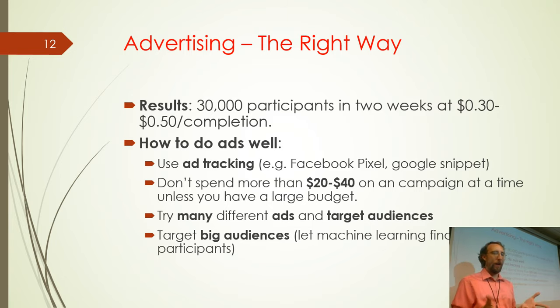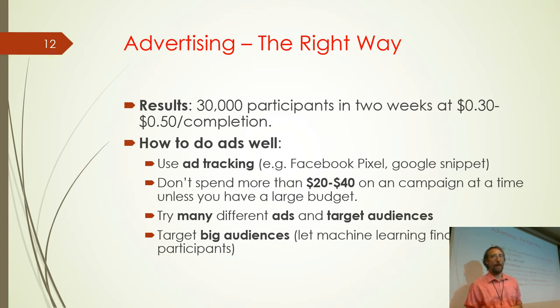Next, we want to try a lot of different ads over a bunch of different audiences. You want to try a lot of stuff. And the reason for that is we're never going to know what ad's going to work for which audience. Sometimes people will respond to something that we think they're going to. Sometimes people respond to things that we had no idea about. And you'll never know until you actually put it out there.